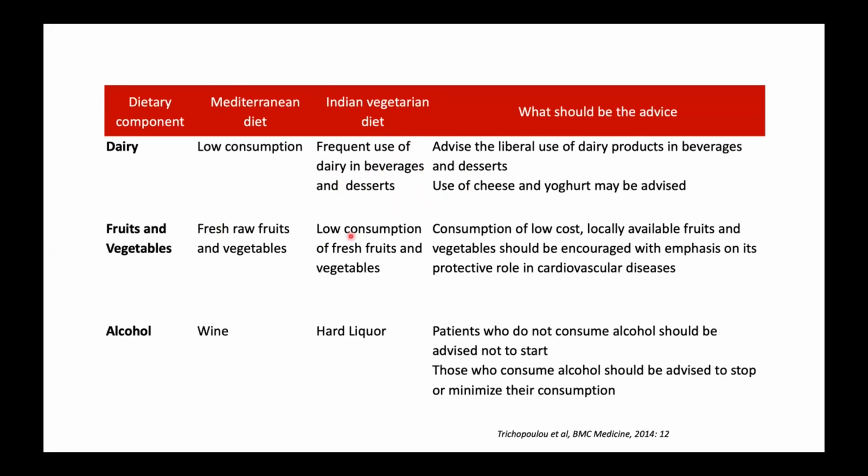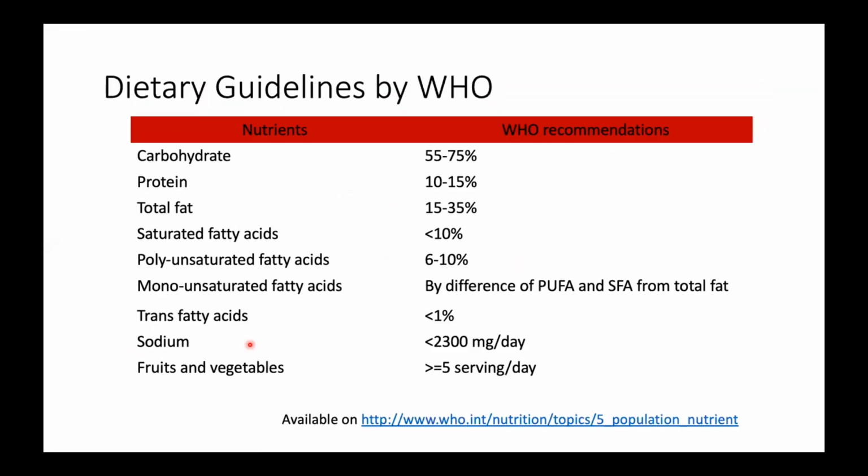In the Indian context, people have low consumption of fresh fruits and vegetables, and that should be encouraged. We should also emphasize that vegetables should not be overcooked. They should be lightly cooked or taken raw if possible. Alcohol we'll discuss later on.